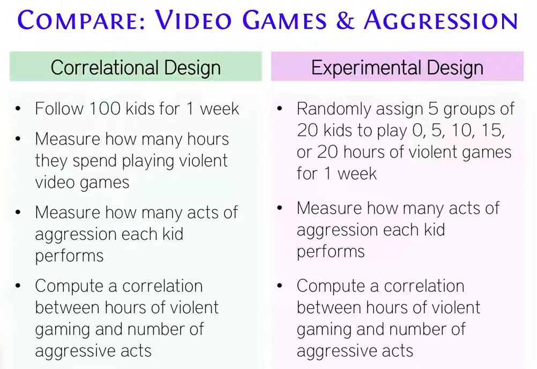Importantly, it's not that we can't ever draw causal conclusions based on correlational evidence. We just require much, much more of it before we can do so. Take something like the idea that smoking causes lung cancer. No one has ever randomly assigned some people to smoke for 20 years and some people not, and let's see who gets lung cancer.